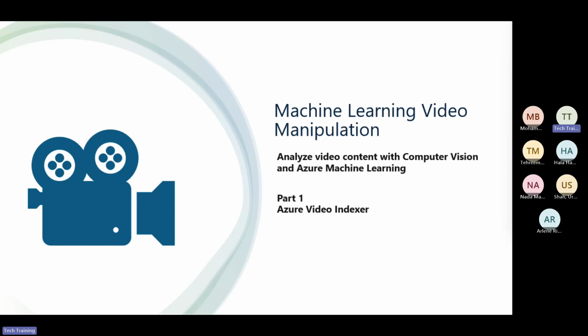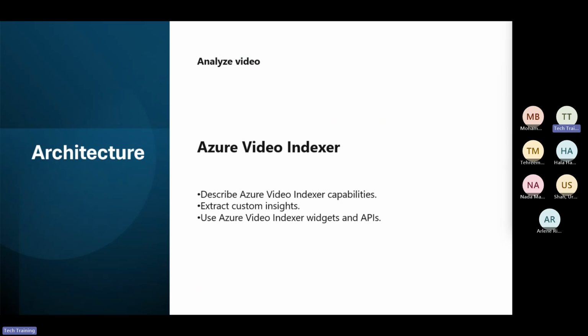The Azure Video Indexer has a lot of capabilities that we can use in order to start analyzing our videos. All we need to do is just upload the video into a well-made and already trained portal that can do a lot of things with our videos.